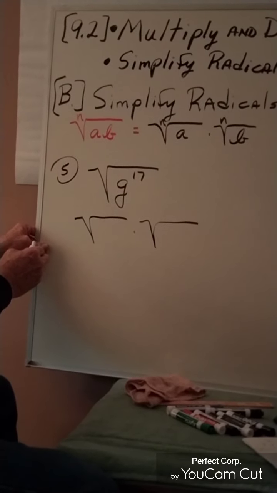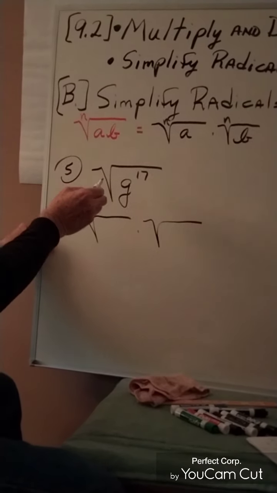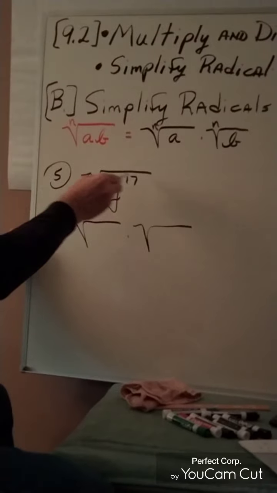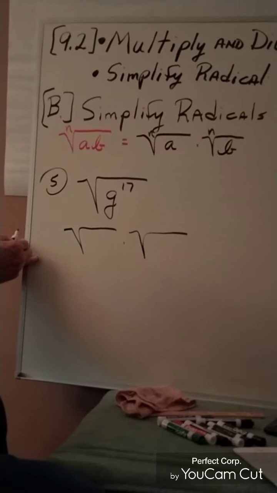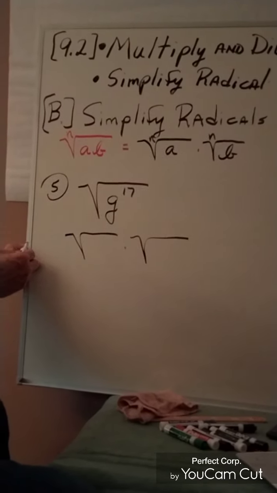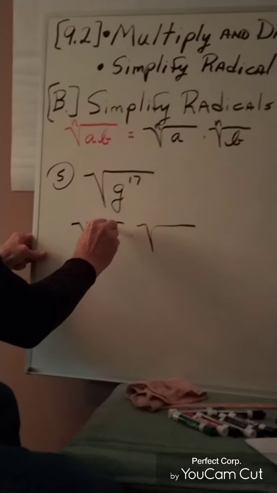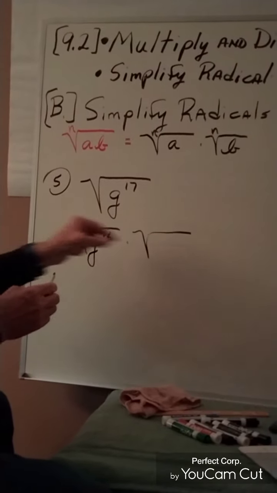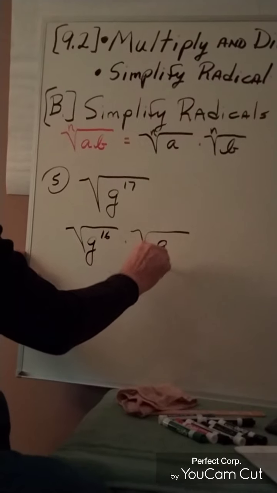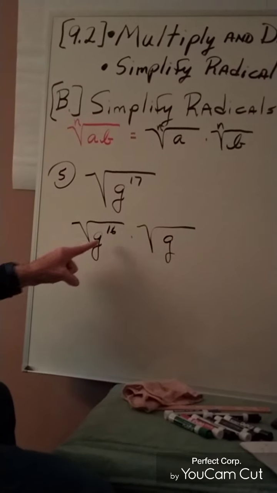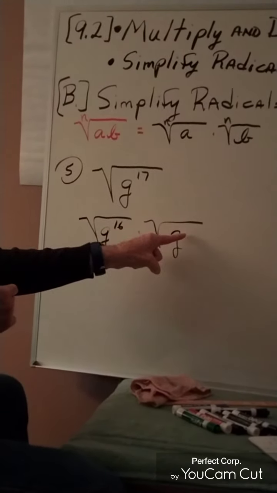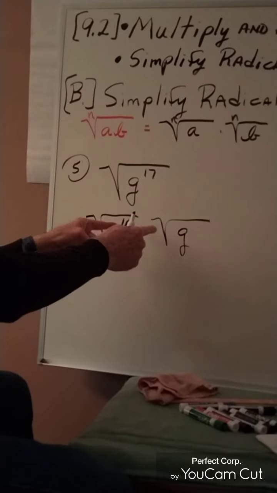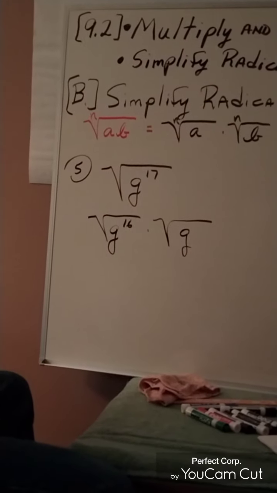You'll have g to the 16th. The largest perfect square factor within g to the 17th is g to the 16th. And the leftover one will be g. Now you can test it. G to the 16th times g to the 1. Add those exponents, g to the 17th.